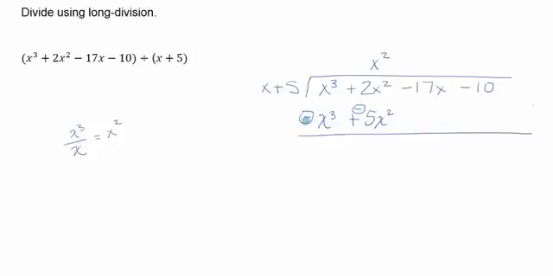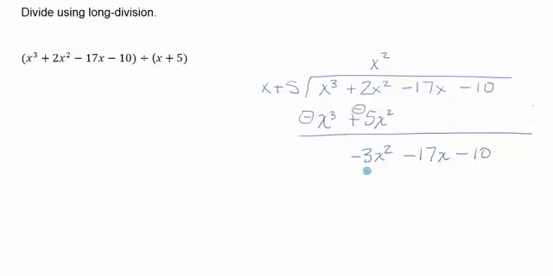So we're just going to change to the opposite sign and then combine those terms down. X cubed and a negative x cubed is gone. 2x squared and a negative 5x squared is going to be a negative 3x squared. And then just like in long division of integers, we're going to just carry down the rest of that. And then we have completed one full cycle of long division.